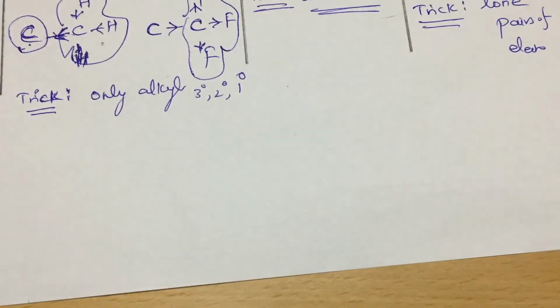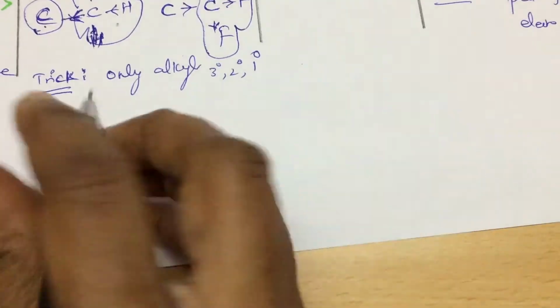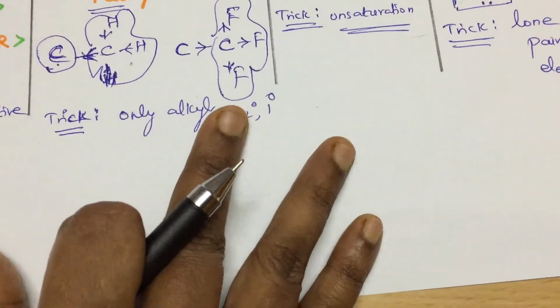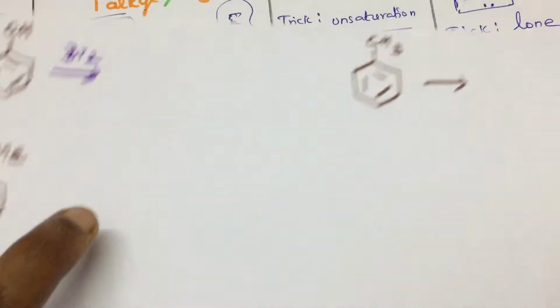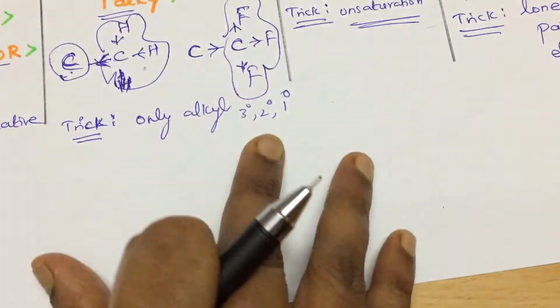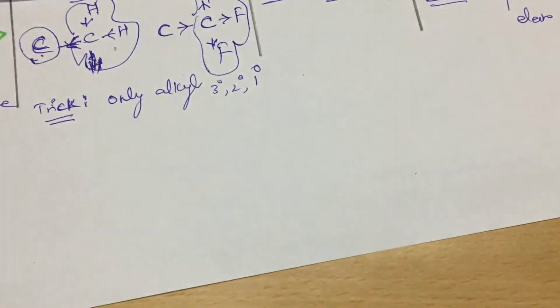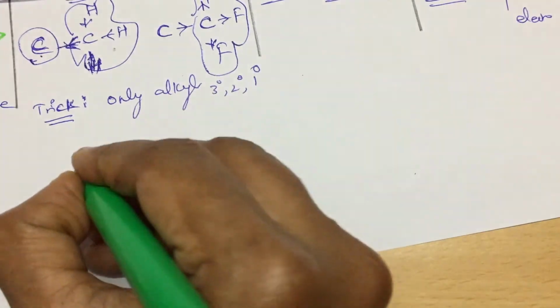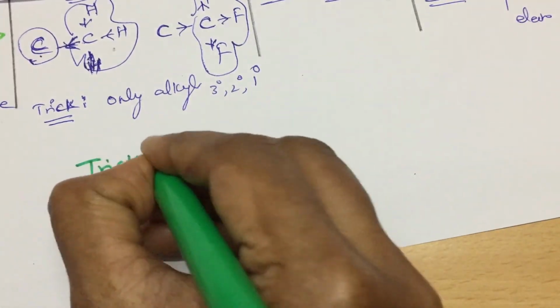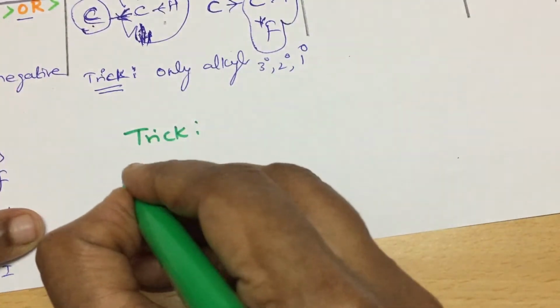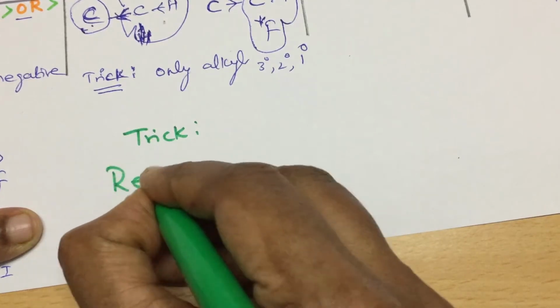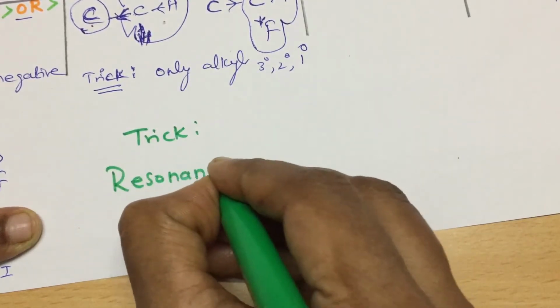Okay, then one more thing I'm going to tell. Before solving this kind of questions, you have to know another trick. What is that trick? Another important, in fact, a rule. You have to give importance to resonance.